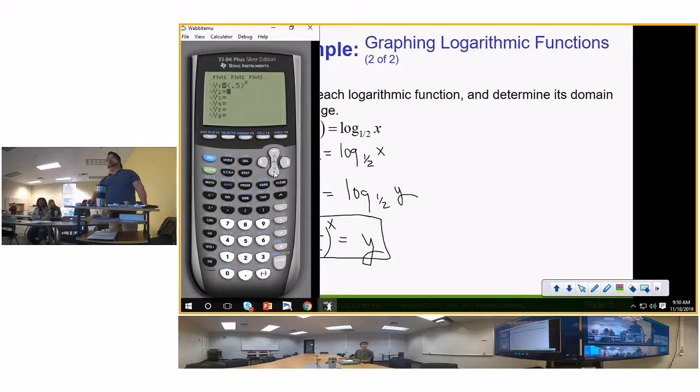And now my real function is going to be log of x over log of what? 1/2, Hubert. So parentheses, log of x, close parentheses, divided by log of 0.5, close parentheses, enter, or graph. There's one, and there's the other.